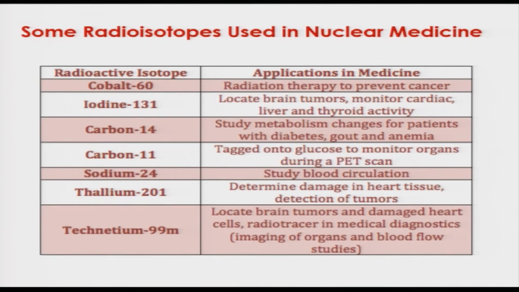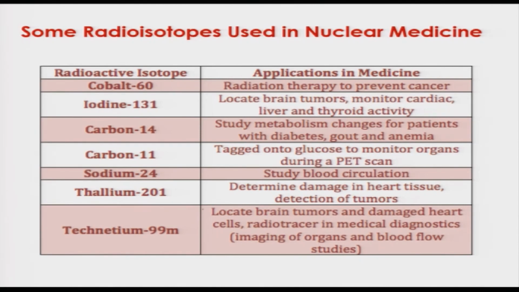These are cobalt 60, with applications in medicine in radiation therapy to treat cancer. Iodine 131, to locate brain tumors and monitor cardiac, liver and thyroid function. Carbon 14, to study metabolism changes for patients with diabetes, gout and anemia. Carbon 11, used tagged onto glucose to monitor organs during a PET scan. Sodium 24, to study blood circulation.